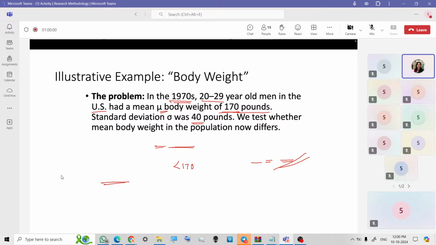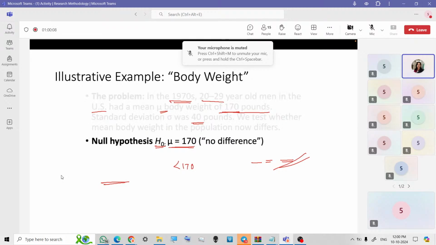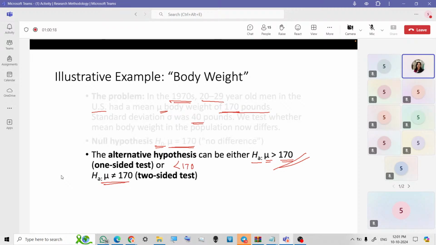It was given that 20 to 29-year-old men have a mean body weight of 170 pounds. So what is my null hypothesis? My null hypothesis is nothing but mu is equal to 170. So I'm saying that yes, it is true, there is no difference. My alternate hypothesis may be that my mean value is greater than 170, less than 170, or not equal to 170.